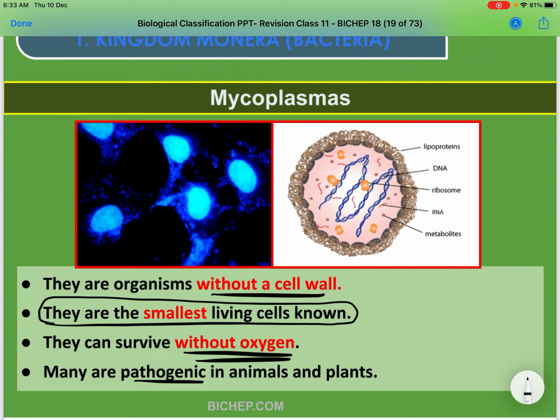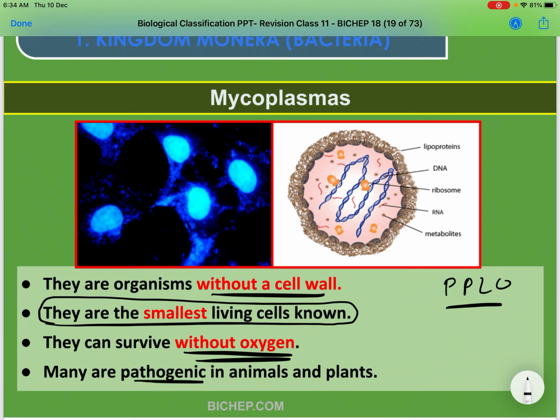So they are the smallest living organisms. The first time when they were found, they used to be known as PPLO, pleuropneumonia like organisms.